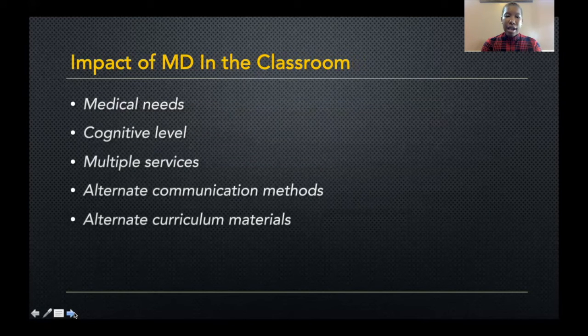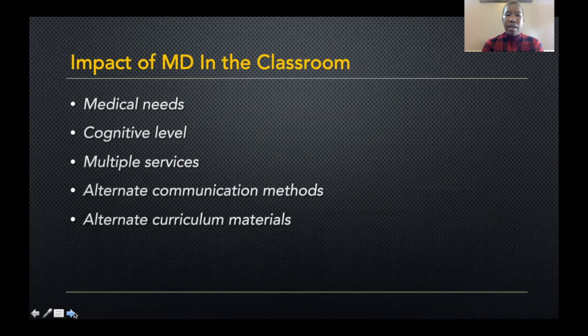And with that, we look at the impact. The impact of this in the classroom may include medical needs. So a student may need to go to the nurse for medication. A student may have somebody who comes in, maybe physical therapy. Cognitive level may vary.